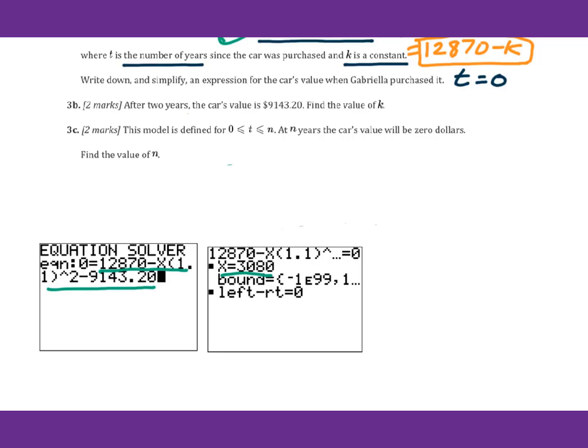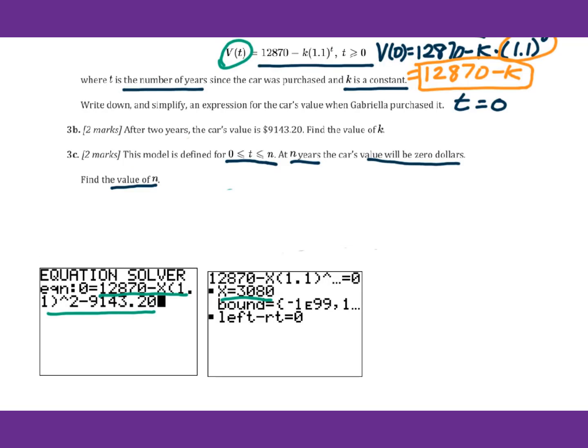Let's go to the last question. The model is defined for t greater than 0, less than or equal to n. At n years, the car's value will be $0. Find the value of n. Since k equals 3080, you will get the function 12870 minus 3080 times 1.1 to the tth power.